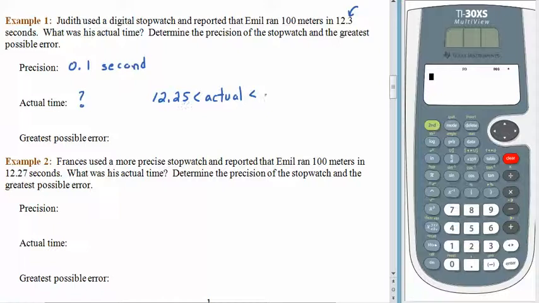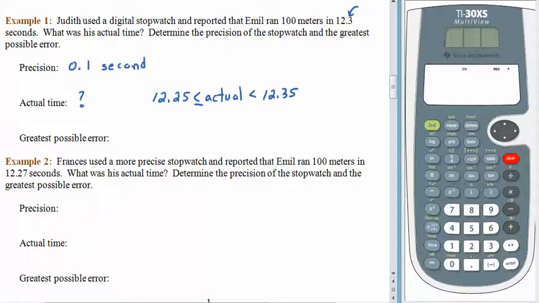It also could have been as high as 12.35. We'll keep a strict inequality here because the 5 is going to push that 3 up to a 4, but we'll put an equals down here because the 5 does round things up to the 3. And there you have it. The truth is somewhere between 12.25 seconds and 12.35 seconds.